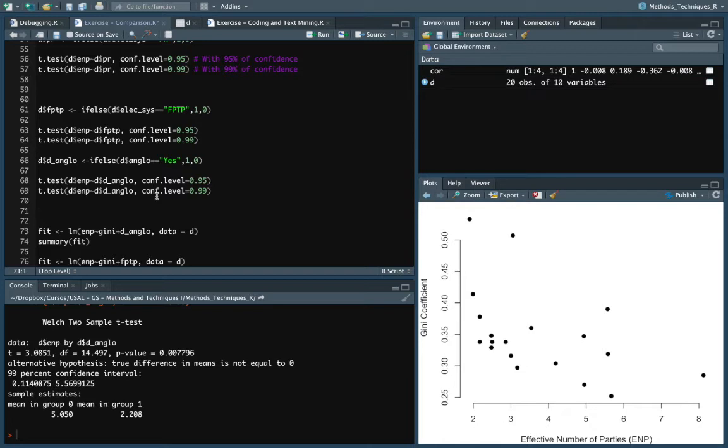The way of checking all these potential explanations is putting them all in a regression analysis.